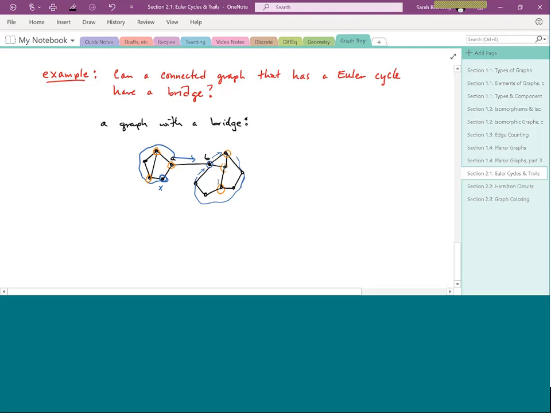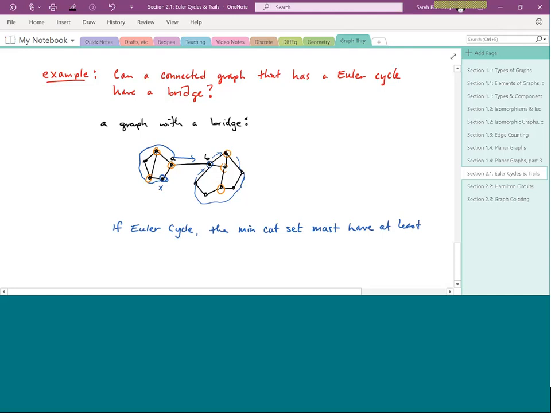So the issue here, and here's the conclusion, is that if there really is an Euler cycle, the minimum cut set, and remember, a bridge is a cut set that has exactly one edge in it, must have at least 2 edges in it.